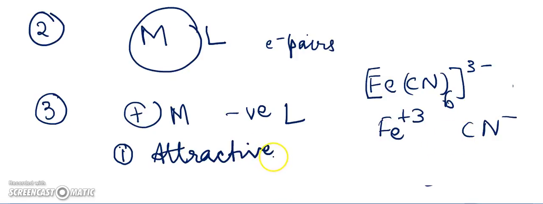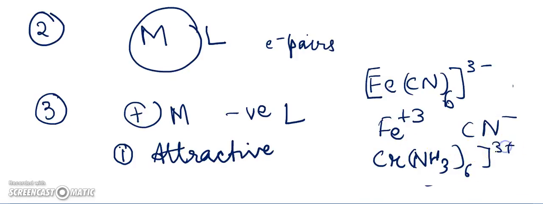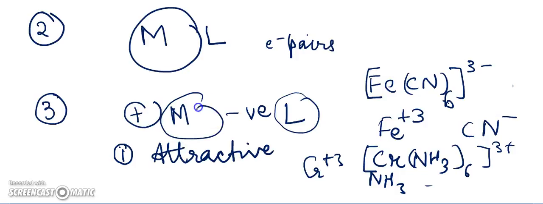Whereas in the complex [Cr(NH3)6]3+, with the complete oxidation state written here as +3, the interactions between the Cr3+ ion and the ammonia molecule, this is a neutral molecule, fine, there is attraction. So these attractive forces bind the ligands to the metal ion. The bonds between the metal and the surrounding ligands are purely ionic.